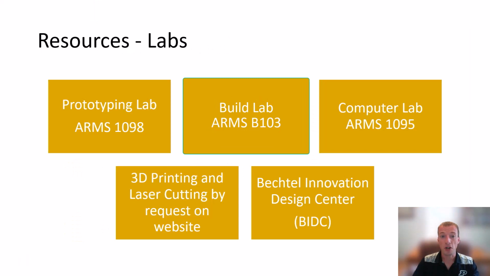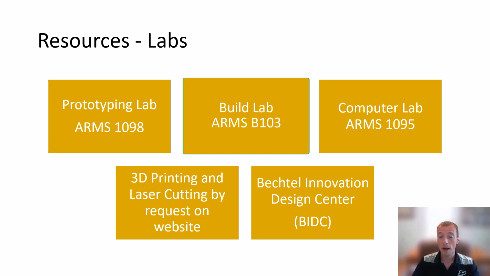There are a number of different lab spaces available to you as an EPICS student. Our main labs on the first floor of the Armstrong building is our prototyping lab. That's ARMS 1098. You're going to find there an electronic prototyping section as well as large project work. We have our build lab. This is in the basement of Armstrong and B103. That's where you're going to find saws, drills, power tools, things like that you'll need to fabricate projects, as well as a lot of our raw materials.